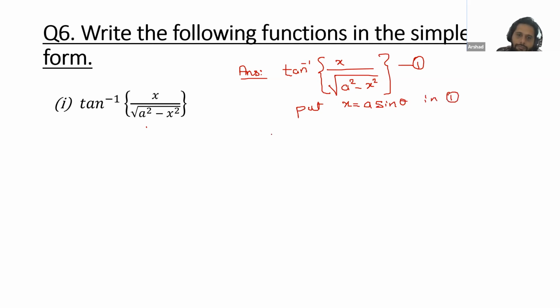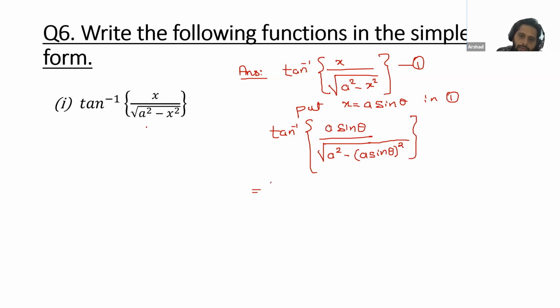Okay, now please check here. If you will put this value, then you will get what? Tan inverse, this is a sine theta by under root a square minus, in place of x we have sine theta whole square.